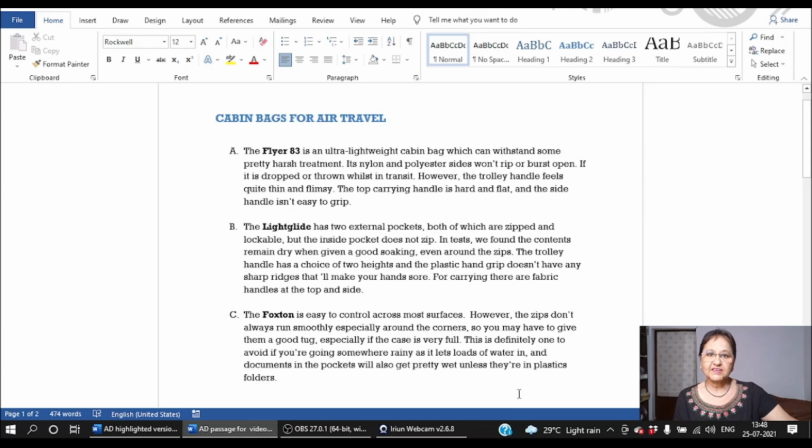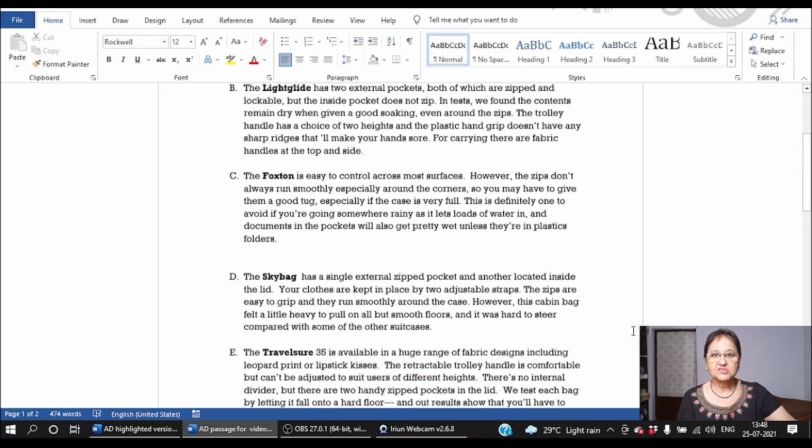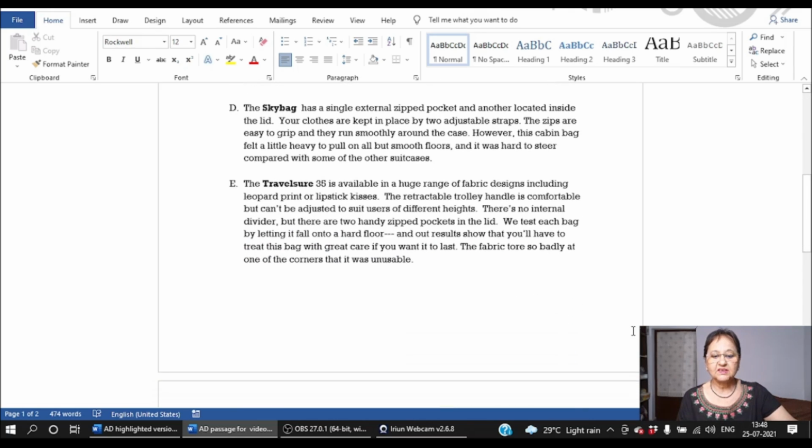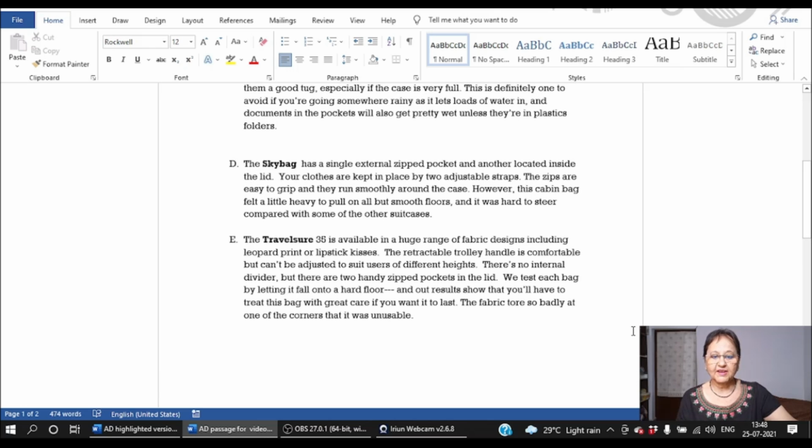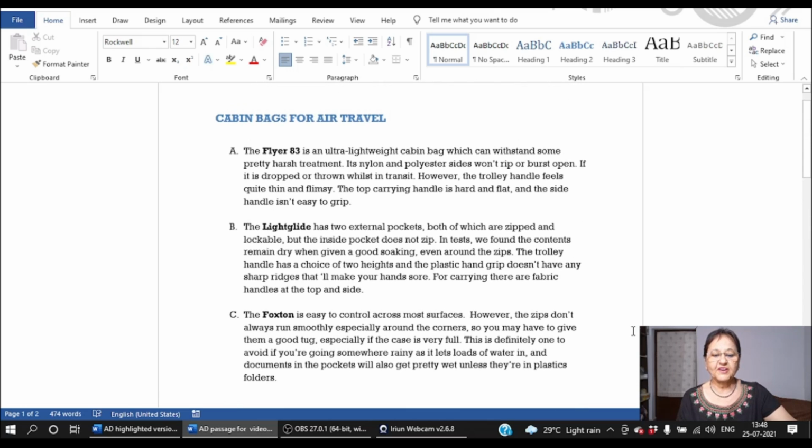As you can see here, the paragraphs are lettered A, B, C, D, E. So that tells you there are 5 paragraphs. And you can also see that every paragraph is highlighted by the kind of cabin bag that can be used for air travel.